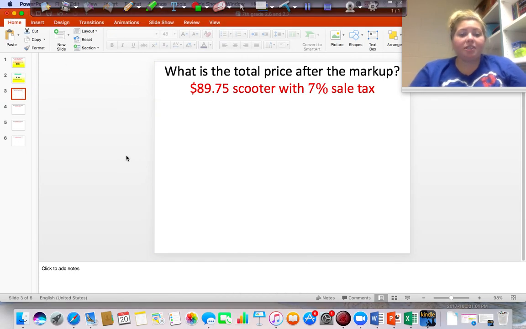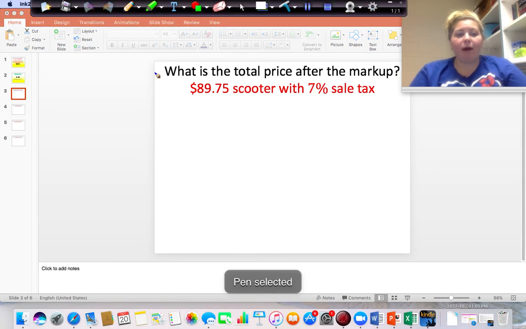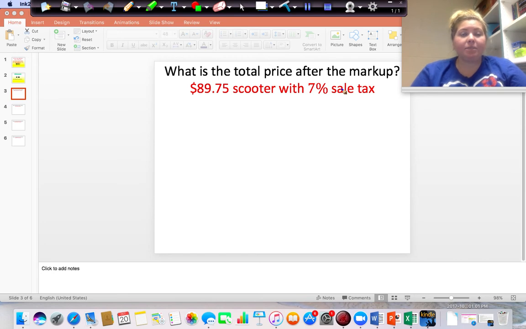All right, so what is the total price after the markup? The one thing that we need to think about is that when we are marking things up, when we are paying for sales tax, tips, anything that is in addition to what we're paying, we know that we're already paying 100% of the price of whatever it is.